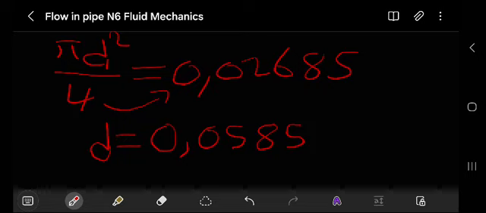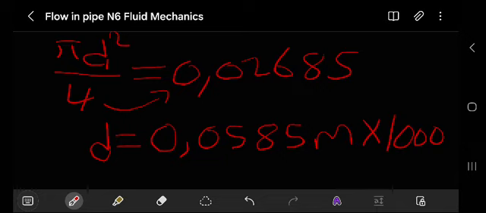This is in millimeter, it's in meter, must be in meter, right? Now if you want to convert this to be in millimeters, you multiply this by 1000.